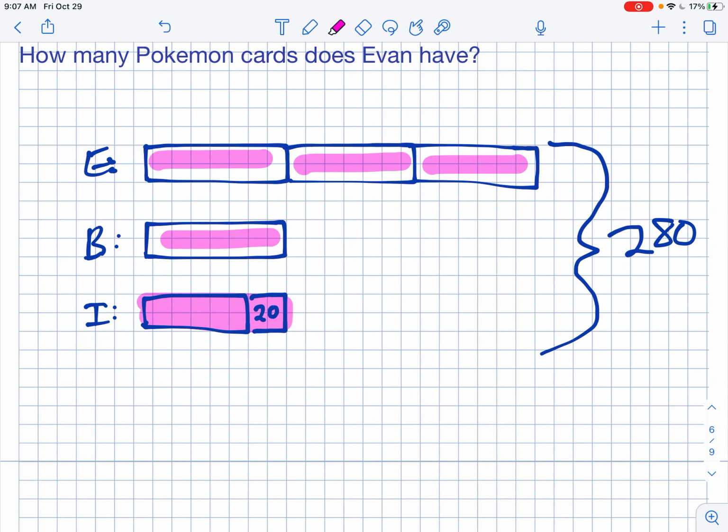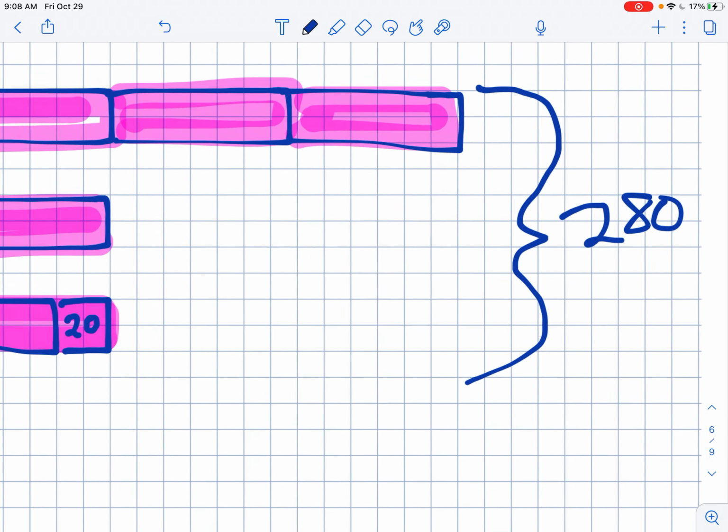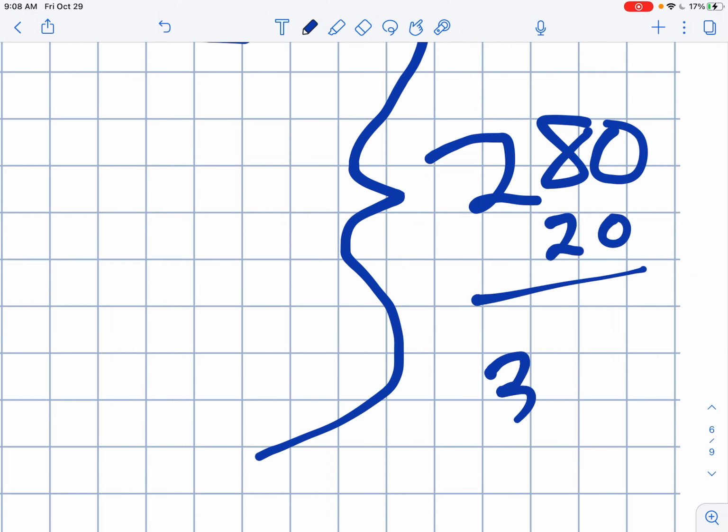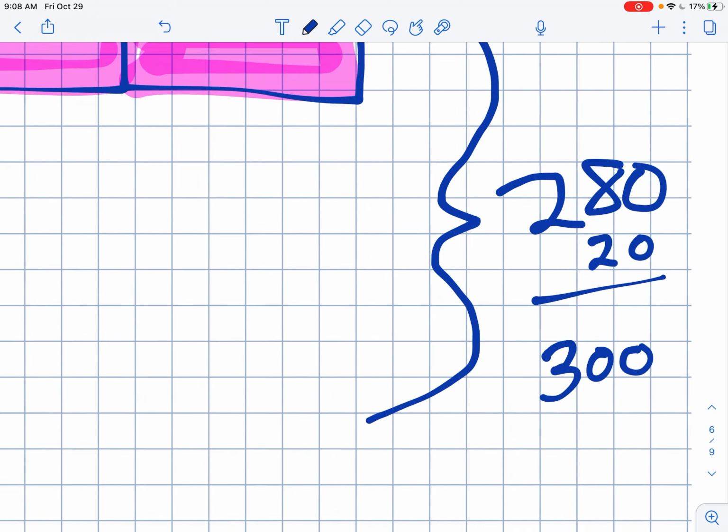They're not really there. I'm just pretending that they're there. Okay? Once I've done that, I now have 5 equal blocks. Did I say 4 before? 5 equal blocks, right? And the total number with those 20 isn't 280 anymore. The total would be 300. Okay?